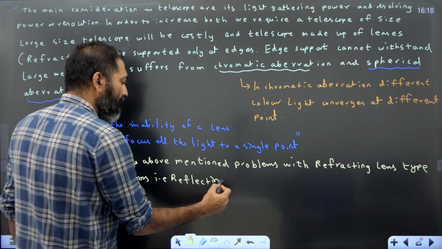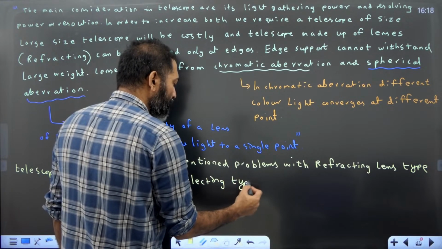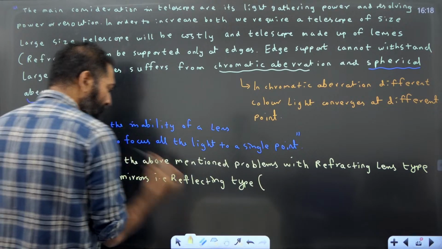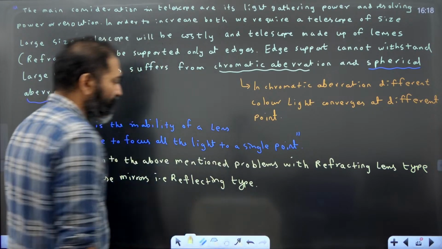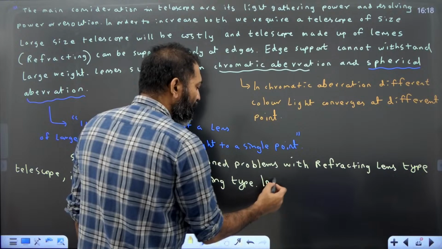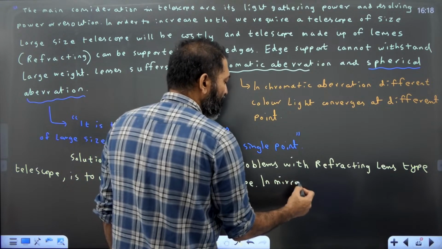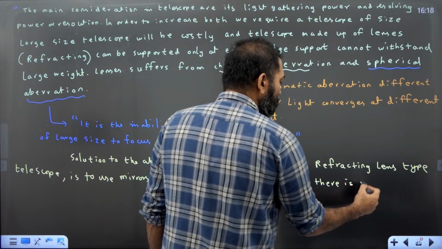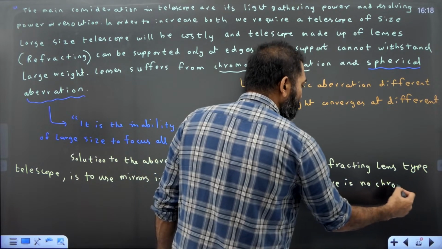What is reflecting type? Mirrors. In mirrors, there is no chromatic aberration.